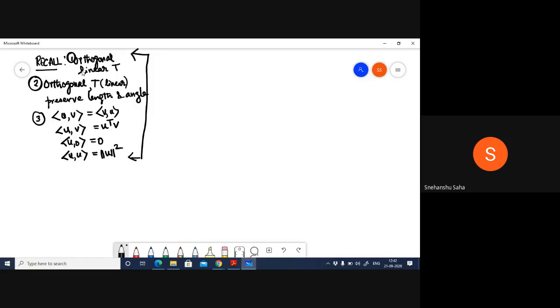All right. Now, the problem that I want to talk about is this. I have a linear transformation that goes from vector space V to itself, right? And V is finite dimensional. And this is a vector space over real numbers.